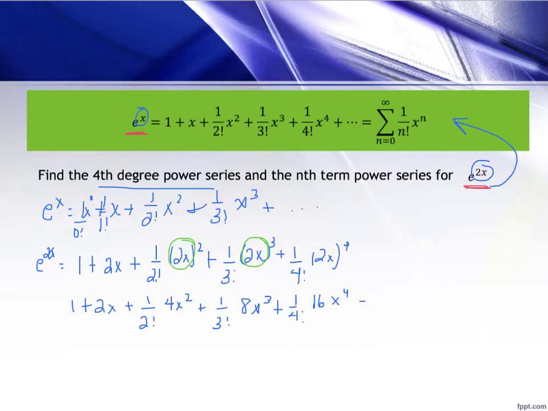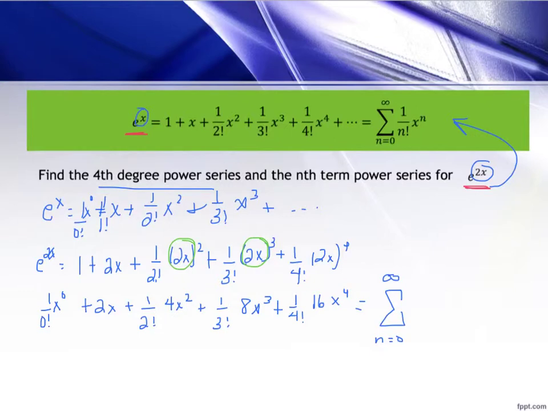Now what I want to do is change that over to sigma notation. So we're going to start with n equals 0 to infinity. And we'll notice, let's break this up into parts. So let's go back, and here for the 1, let's change that to 1 over 0 factorial x to the 0.